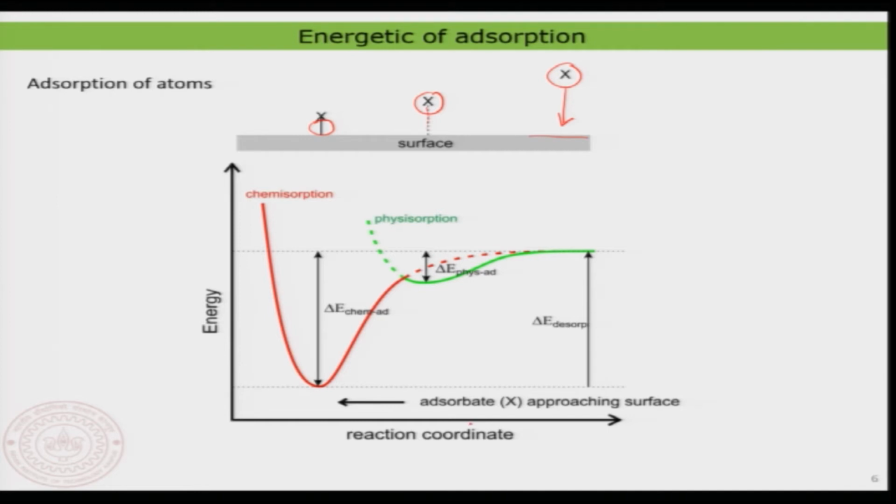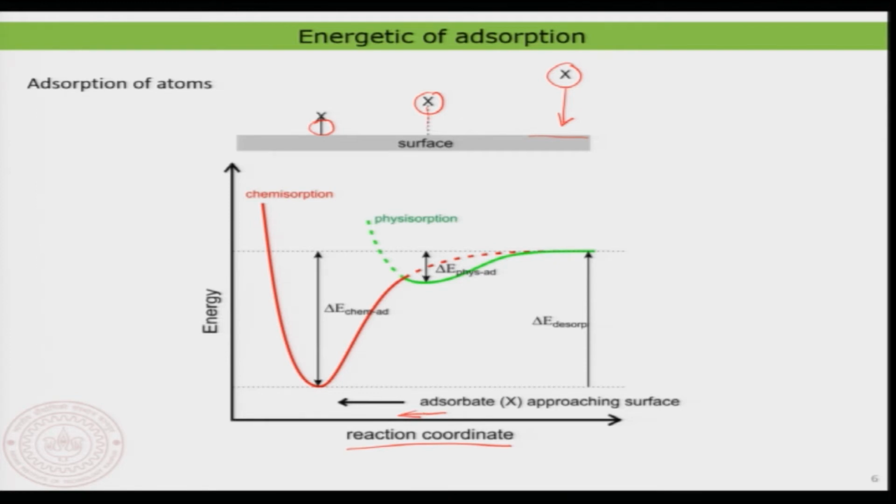So, what I am plotting here is something known as the reaction coordinate. Just for convenience, we use a one dimensional coordinate of the atom moving towards the surface, nothing more. So, along this direction the atom is basically approaching the surface.